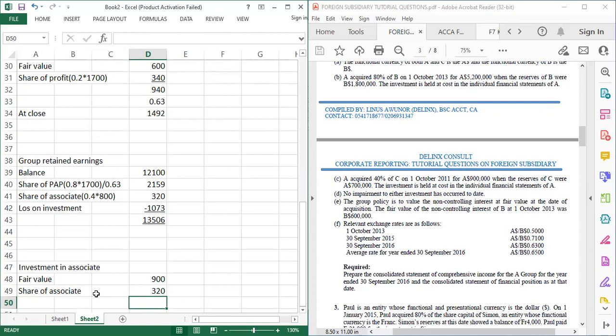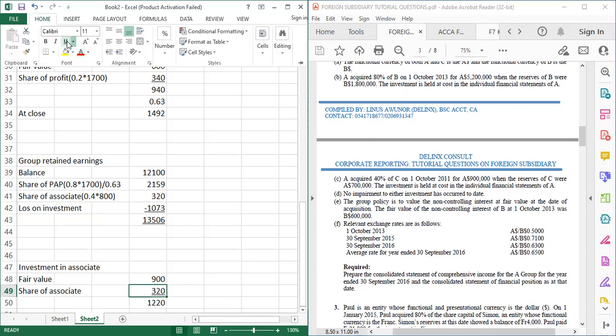So an impairment in the associate will reduce the parent's investment. If the associate pays any dividend out of profit, it will also reduce the investment, because I'm asking for part of the money, so the amount that I have reduces. That is the dividend. But if there's nothing like that, we are going to have 1,220. This is the investment in associates.